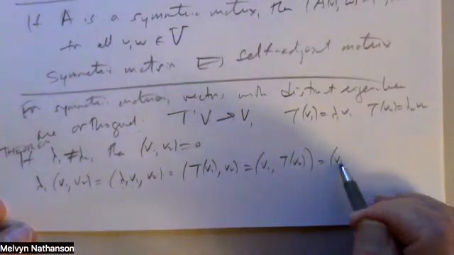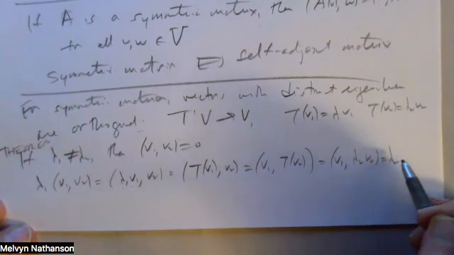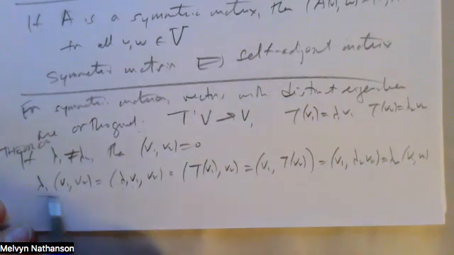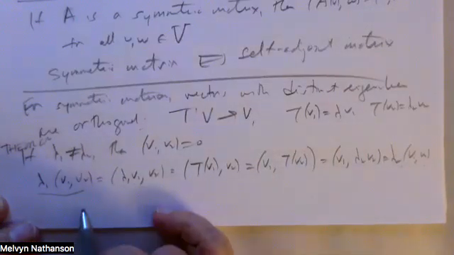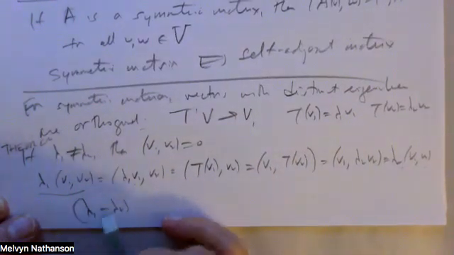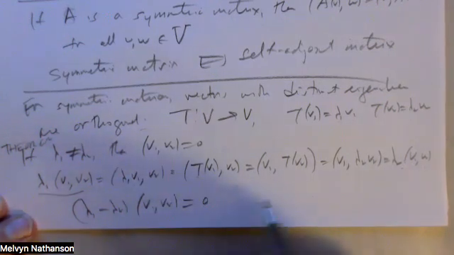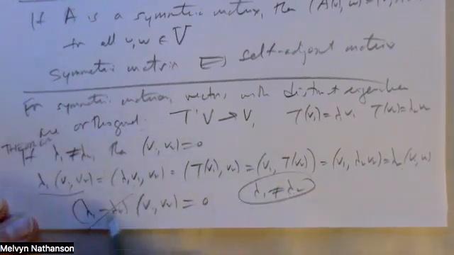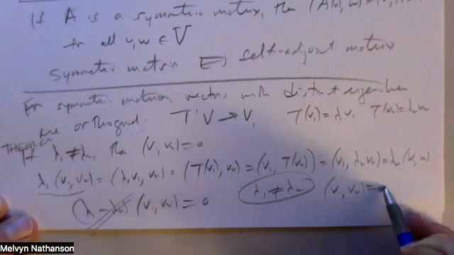But T of V2 is lambda 2 V2. Taking out the lambda 2, this is lambda 2 times the inner product of V1 and V2. So I have lambda 1 <V1, V2> equals lambda 2 <V1, V2>. If I subtract, I get lambda 1 minus lambda 2 times the inner product of V1 and V2 is 0. Lambda 1 is different from lambda 2, so this is non-zero and I can cancel it. So V1 and V2 have inner product 0.